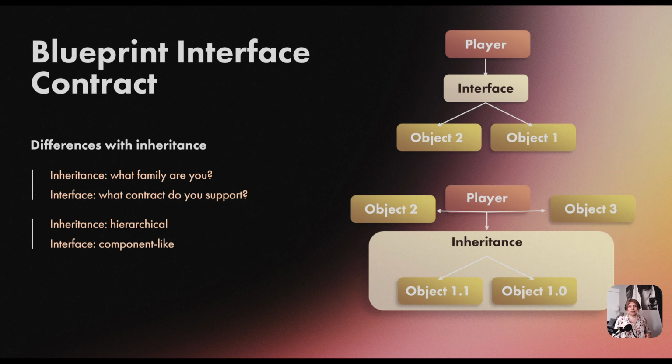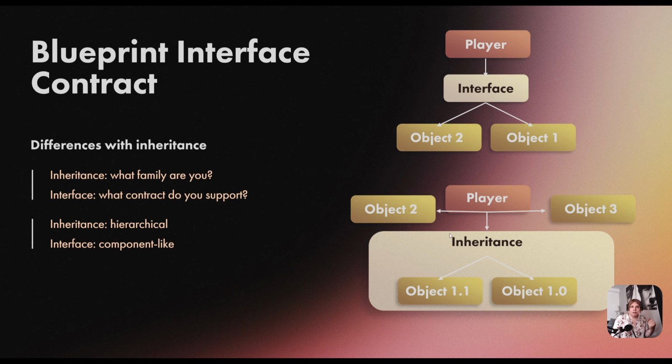An interface is a behavior contract, or glue, or bridge, or pick the allegory that you like more. It guarantees the object supports this kind of request. Inheritance answers what class family are you in, but an interface answers what behavior contract do you support.